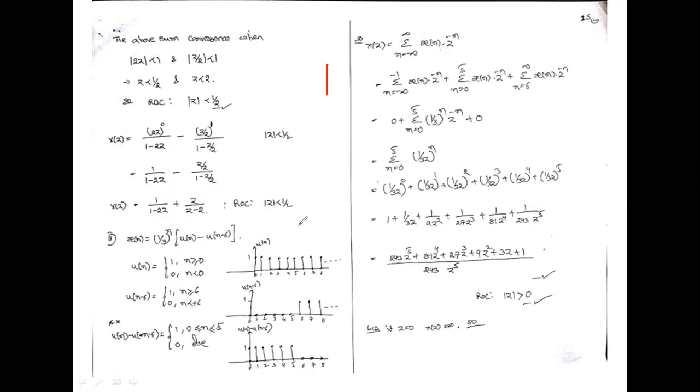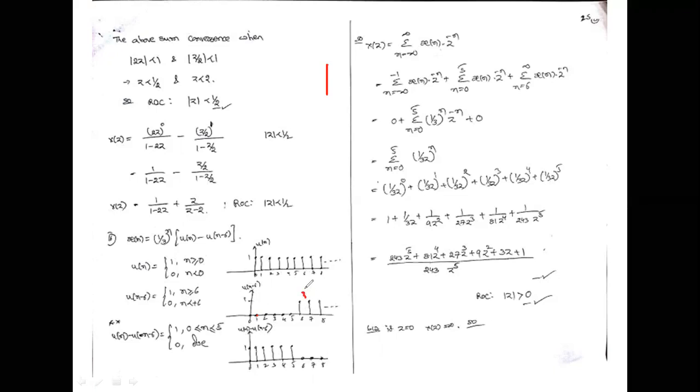Now subtract the two functions. At 0, 1 minus 0 is 1. At 1, 1 minus 0 is 1. Up to 5, all the values of u of n minus u of n minus 6 are 1.